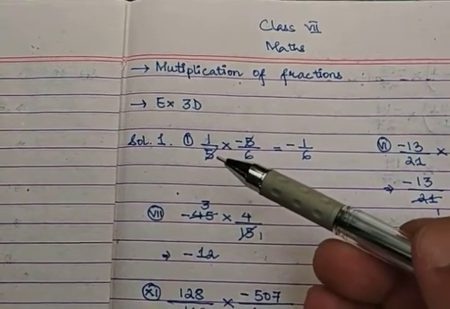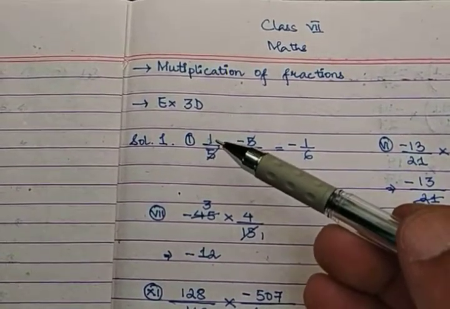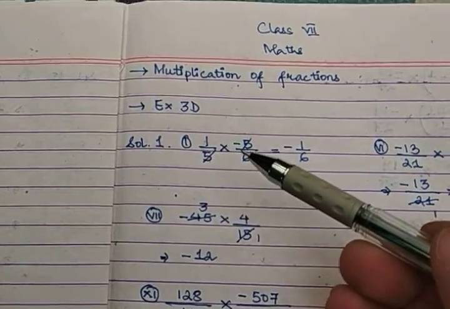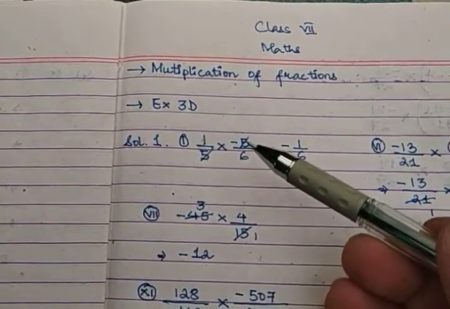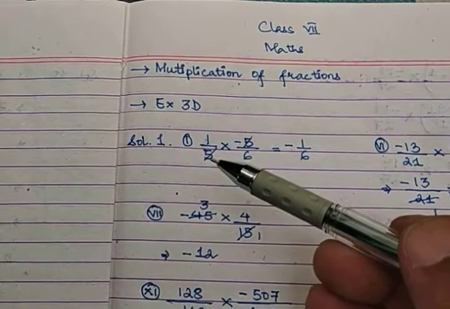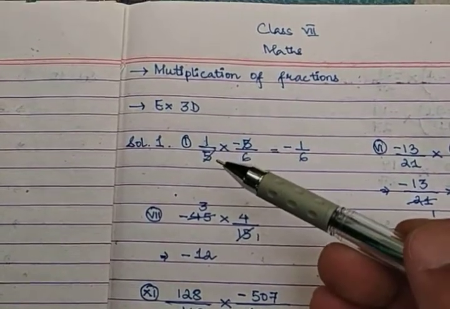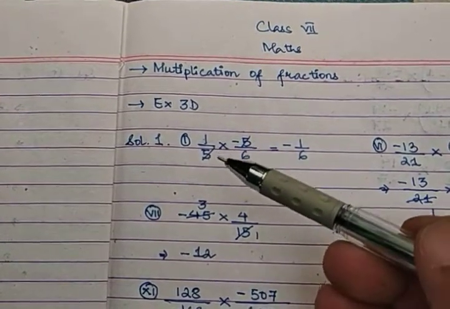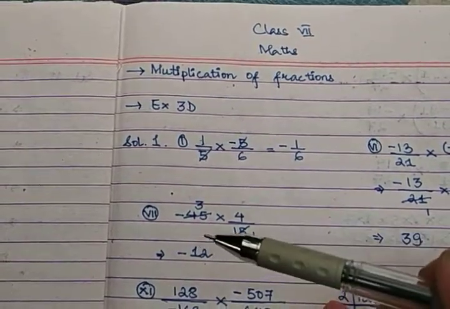Here the numerator 5 and the denominator 5 can be cancelled, since 5 1 times is 5. So I've cancelled them with 5.